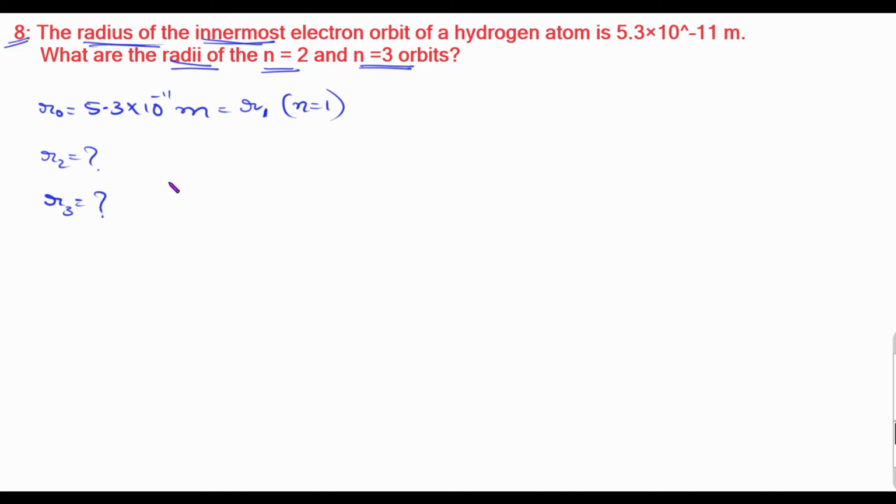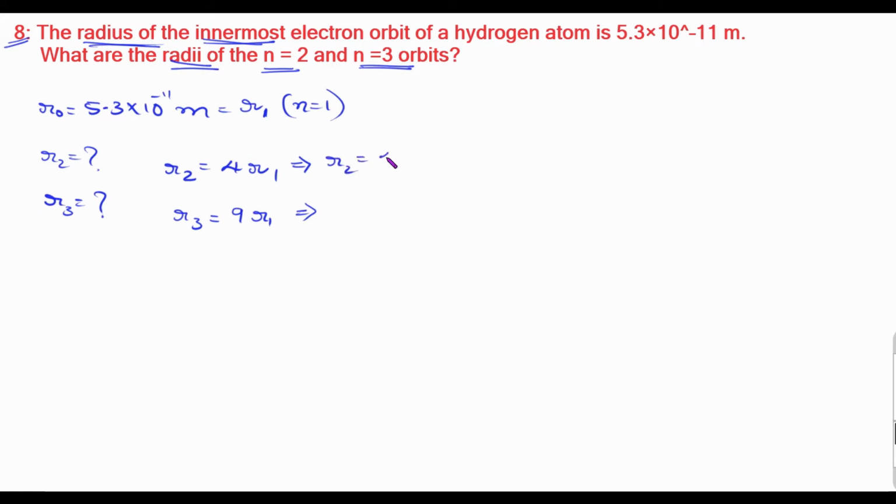Fine. In the previous video, we had discussed one equation where R2 is equal to 4 times R1 and R3 is equal to 9 times R1. So you can use this formula and easily calculate the R2 value.